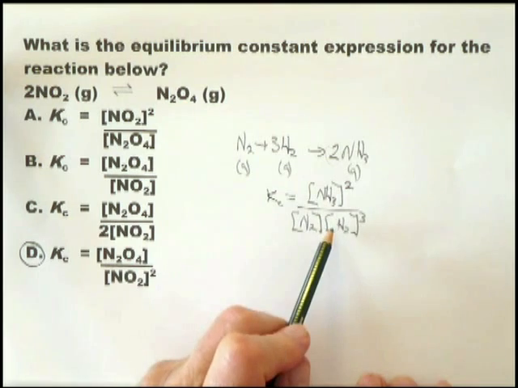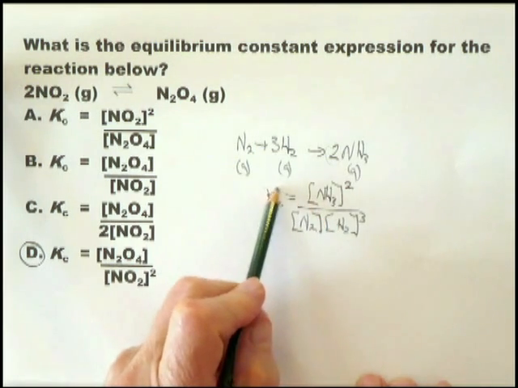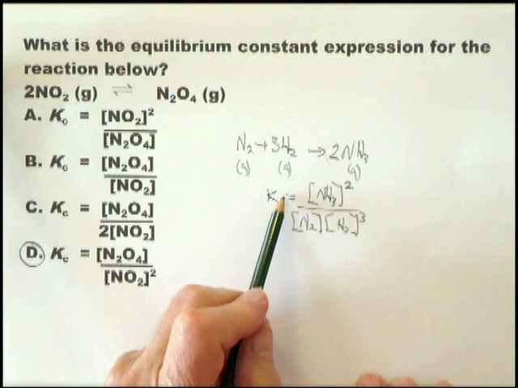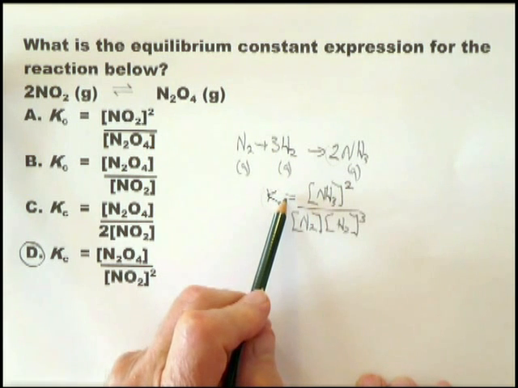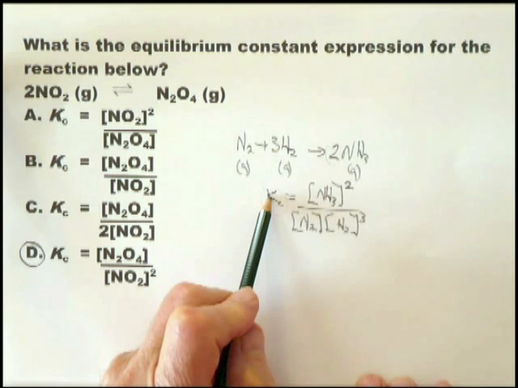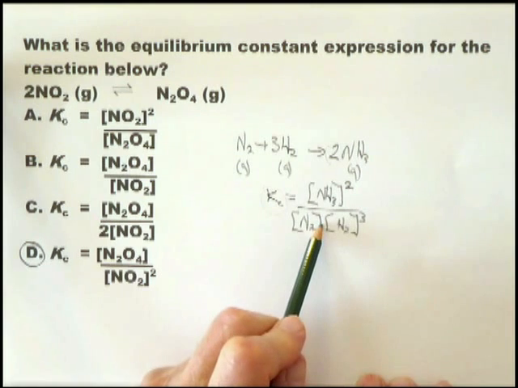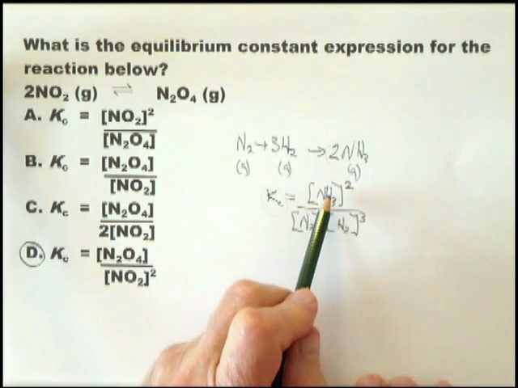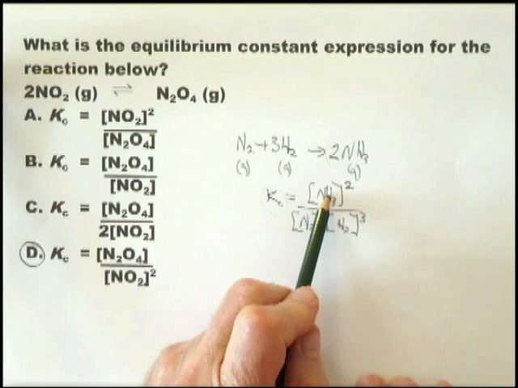Then, if you look at this, since this is a constant, if you're asked about changing the concentration of one of the reactants, you know immediately this is a constant at a particular temperature, of course. If you increase the nitrogen, you've got to increase the concentration of ammonia.